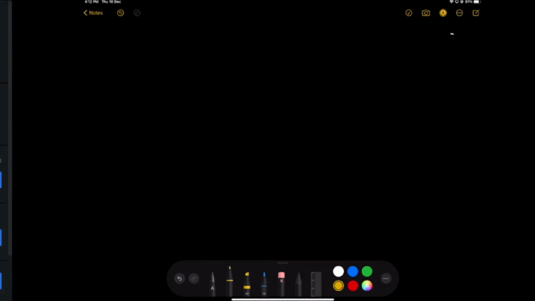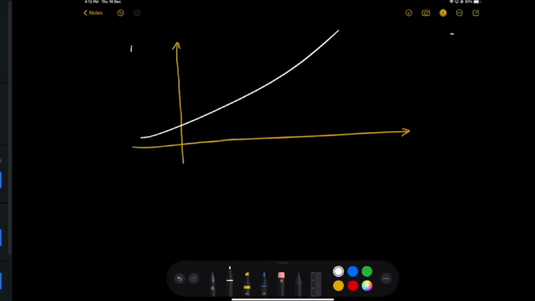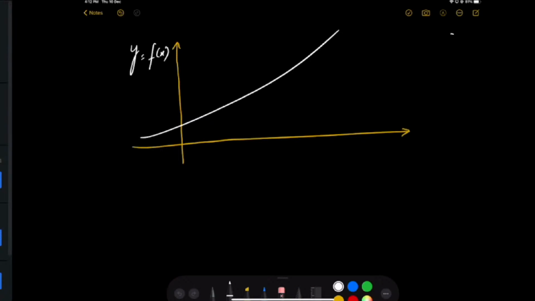I'll tell you what integration is first, and I'll tell you why the formulas for integration are the way they are. So suppose you have any function f of x, y equals f of x. This is some function and it is a non-linear function, that means it's not a straight line. Now how do you write integration?